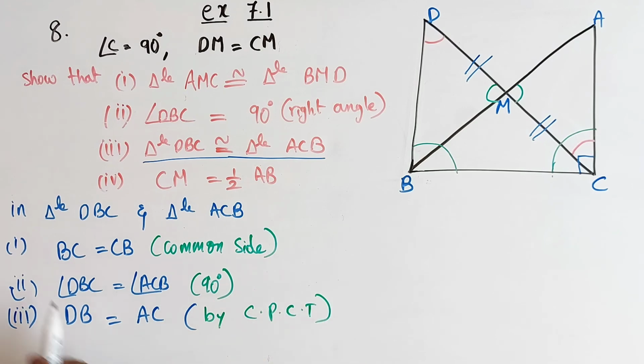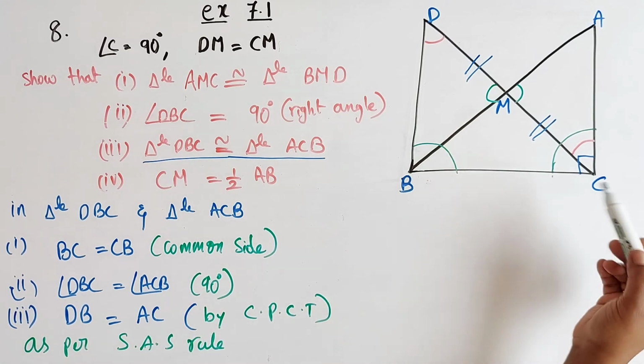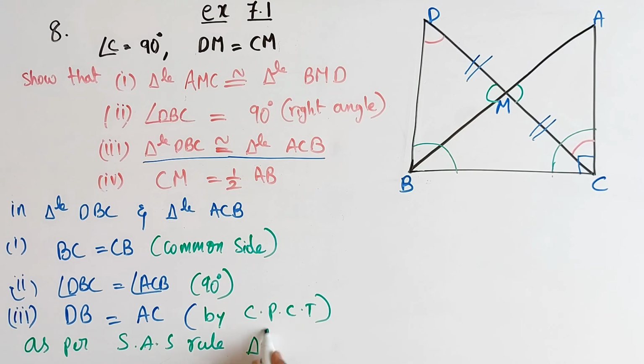Now check here, side, angle, side. So as per SAS rule, we can say that triangle DBC is congruent to triangle ACB. Right, children?